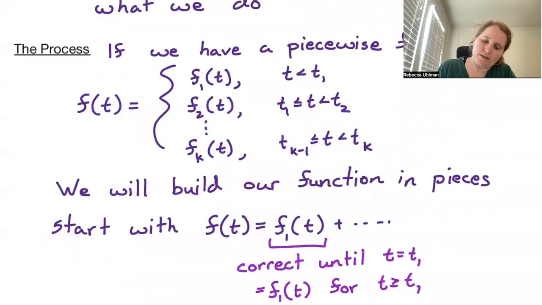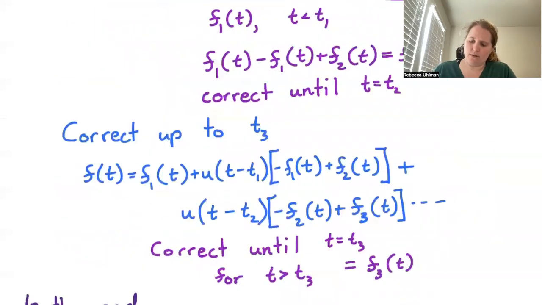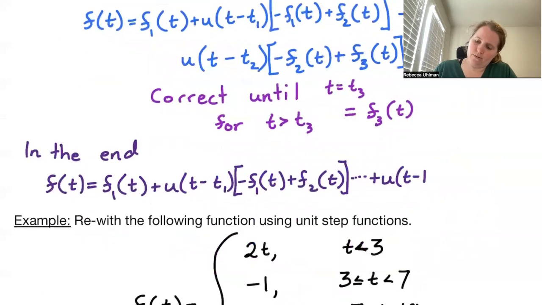sorry, I should not have actually ended this one. Our fk should have gone from tk minus 1 on forever. So here we'll go u of t minus tk minus 1.